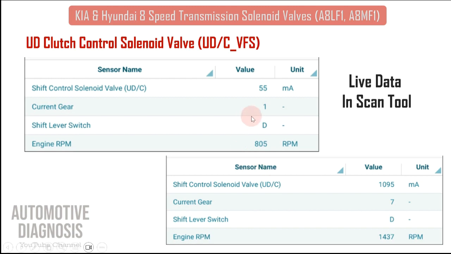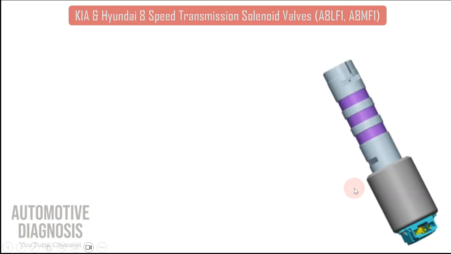As you see right here, when the UD clutch is working on gear number 1, the solenoid is receiving low current. And when the solenoid is receiving high current, the UD clutch is not working anymore. We know that the underdrive clutch is not working on gear number 7. So high current means there is no oil going from the UD clutch control solenoid valve to the clutch pack.